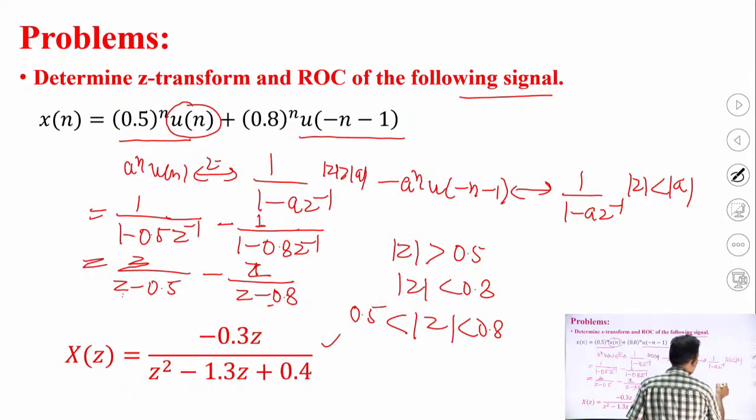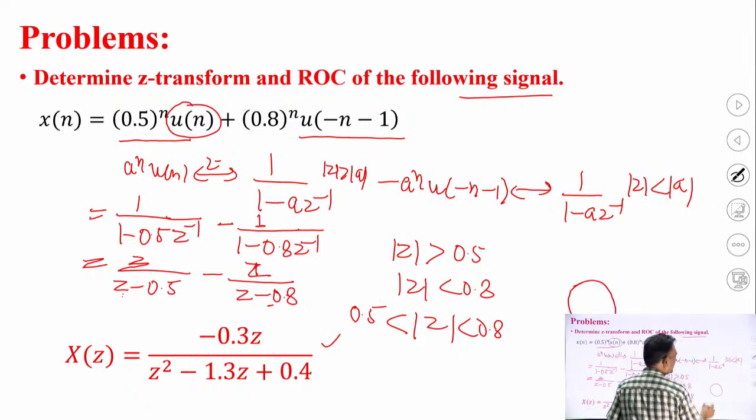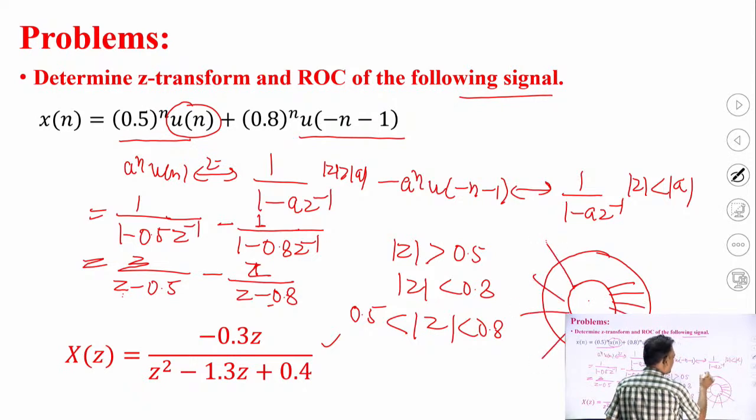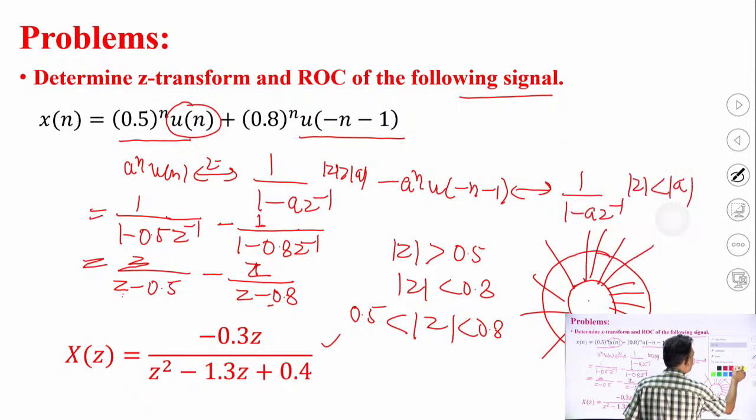You can draw it like this. This is the circle of radius 0.5, this is the circle of radius 0.8. For radius 0.5, the ROC is outside, like this, and for r equals 0.8, the ROC is inside, like this.